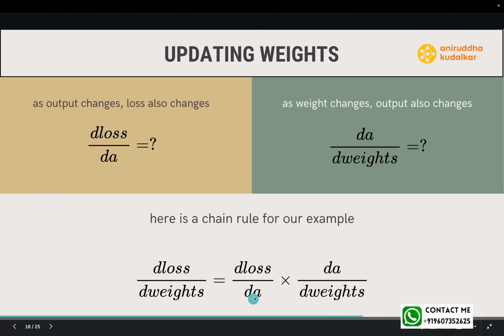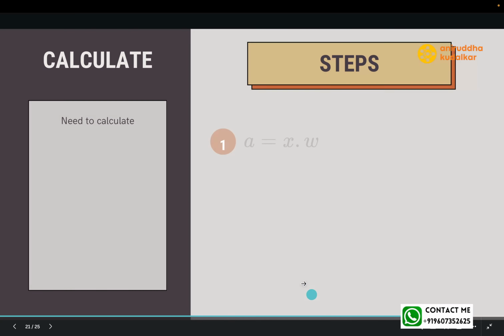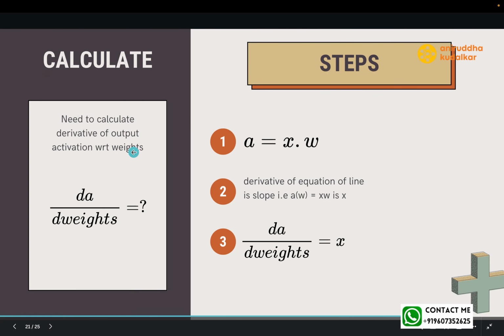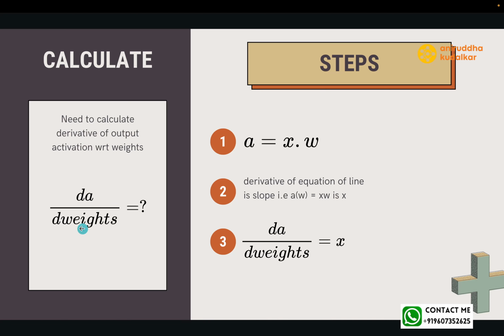Now we will calculate this term, dA by d weights. We need to find out how much the output activation changes if we make a little change in the weights. So what is the formula for A? Output activation is equal to X into W.